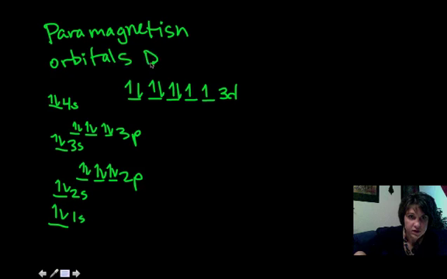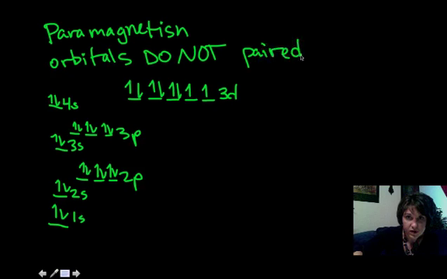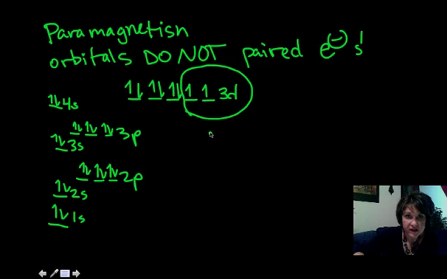So orbitals do not have paired electrons, and thus they're more influenced by the presence of a magnetic field. So orbitals do not have electrons all paired up. So here you can see nickel has these 2 spots where there's no partner for these electrons.